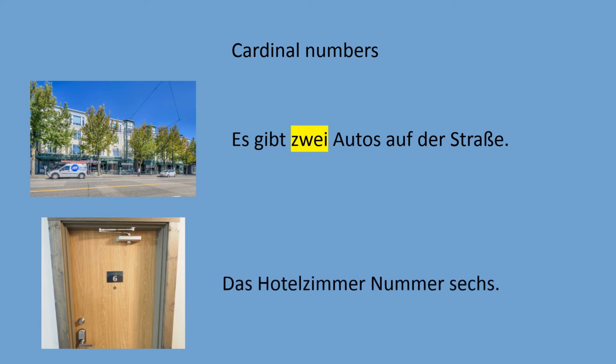You will say das Hotelzimmer Nummer 6. So number 6, we just indicate the number of our room. We use cardinal numbers in this case. As you see, no endings, no suffixes, just the number from your dictionary as you memorized it.